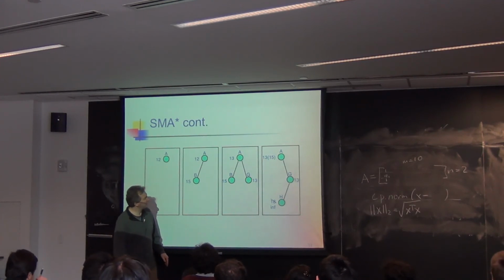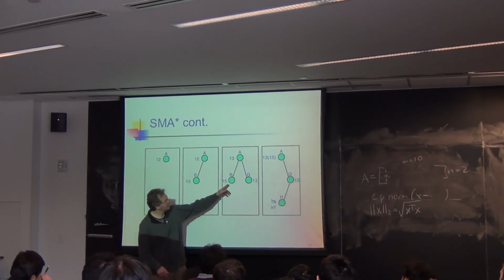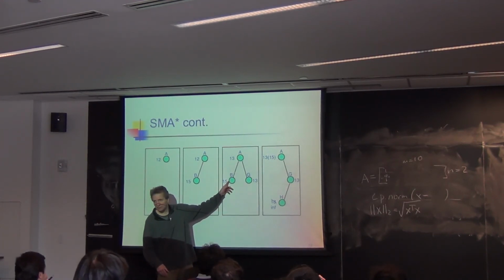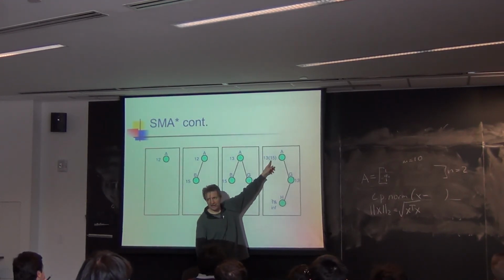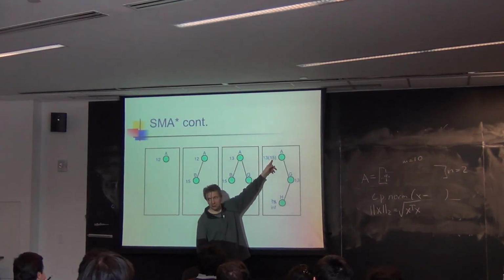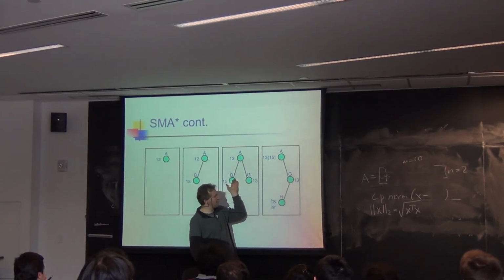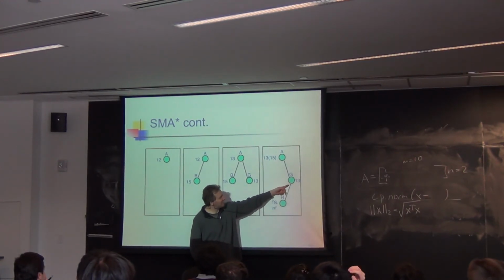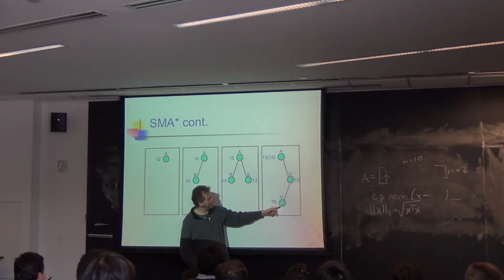It will look at this and say, all right, this one is the highest expense one. So we annotate this node up here saying the next best one is 15. Now we've freed up this memory, gotten rid of that node, and we can expand out this one.